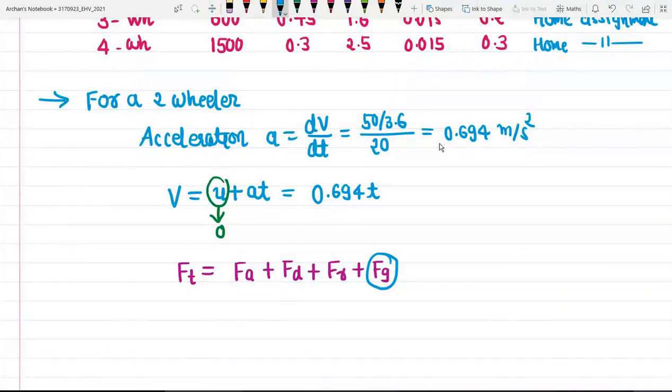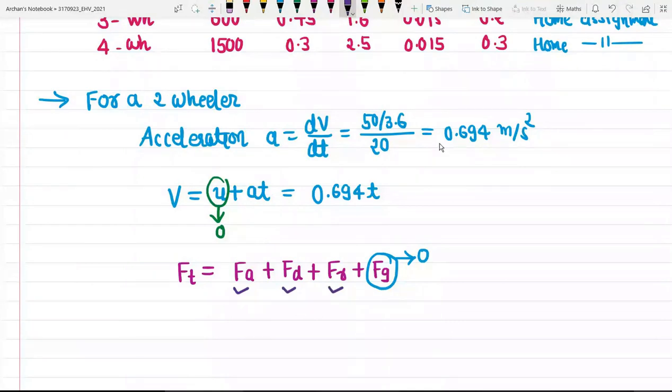So the gradient resistance will become 0, as it is given by mg times sine alpha, and sine 0 is 0. So we did not need to calculate the gradient resistance in our case. The resistances of our interest are acceleration force, aerodynamic drag and rolling resistance.